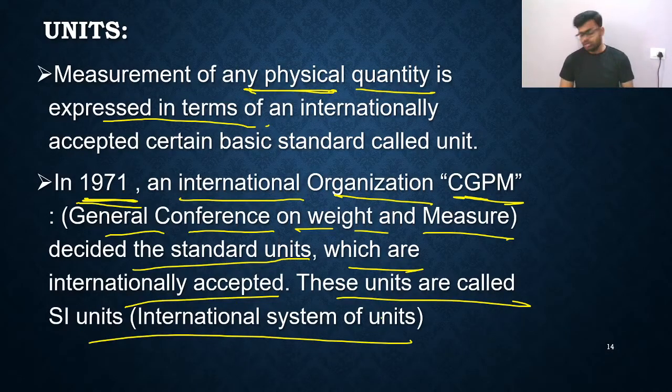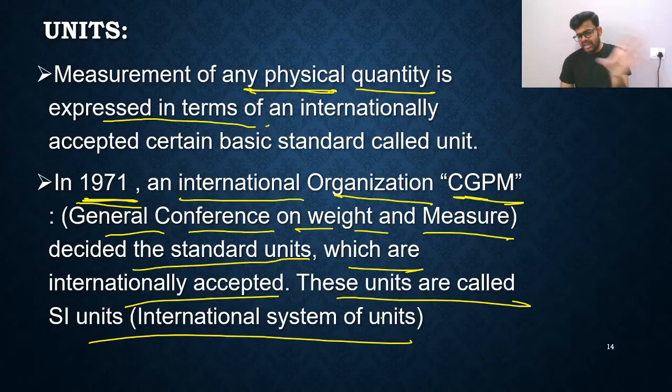If you go to different countries, they will talk in different units. In your local language, you will talk about some land, and they will say biga, peta, gaj, some say square foot, some say square meter.